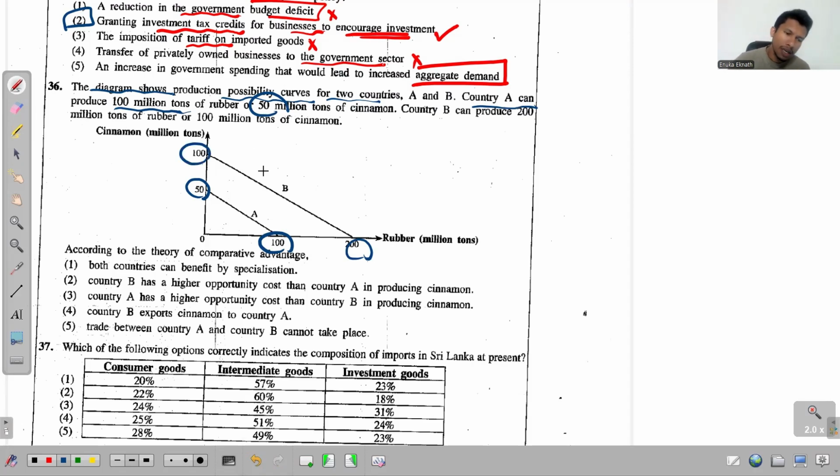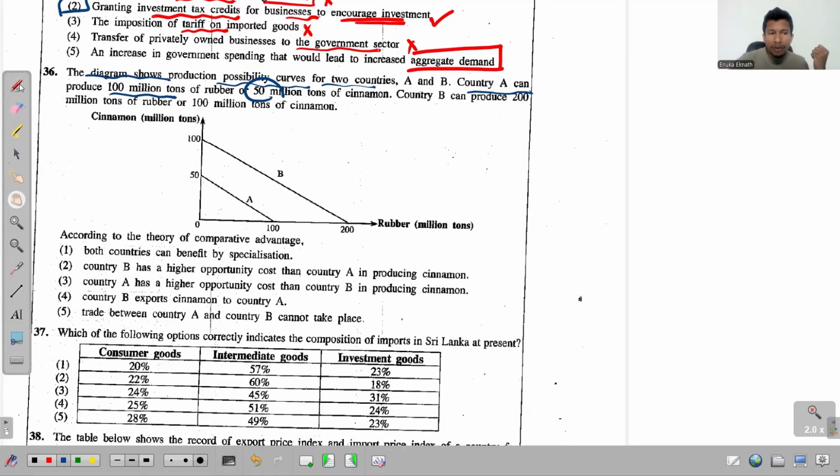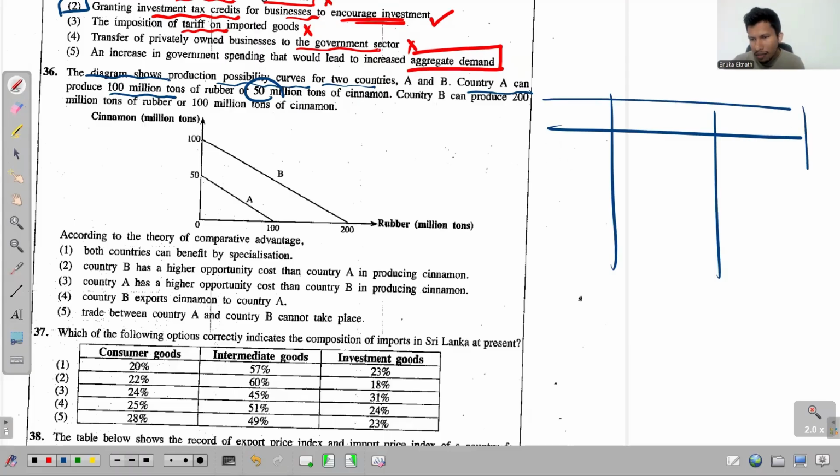Yeah, we see them simply by looking at the diagram, and then they say, according to the theory of comparative advantage, which country has the comparative advantage? So to answer that, we need to calculate the opportunity costs, right? So let me tabulate the data first, then it's easy for us because that's the typical method that we apply. We use the table to calculate the opportunity cost.